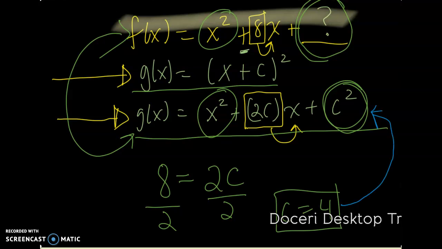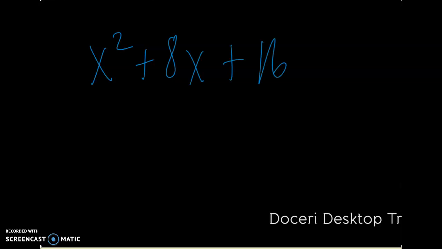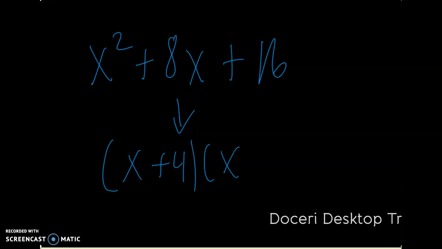Which we have 4. So this guy's going to be 16. So x squared plus 8x plus 16 is going to give us a factor of x plus 4 times x plus 4, which is x plus 4 squared.